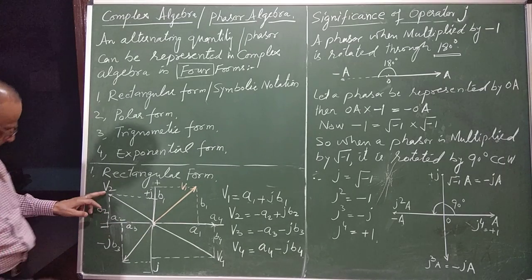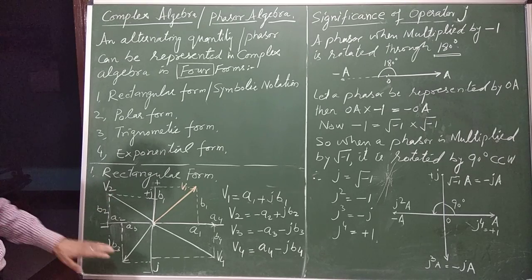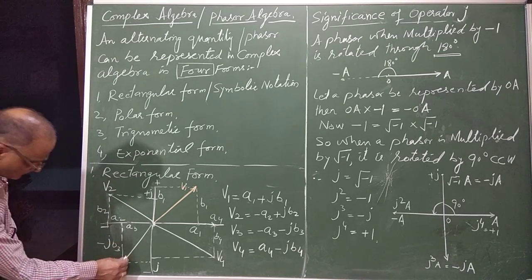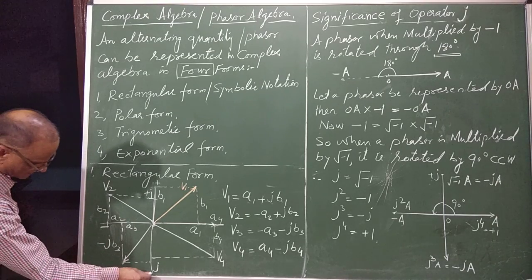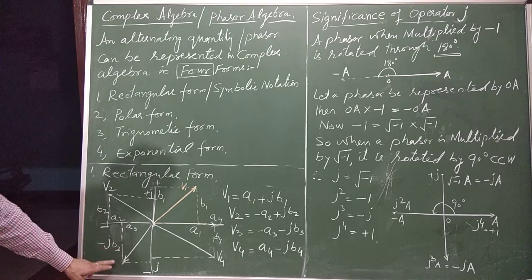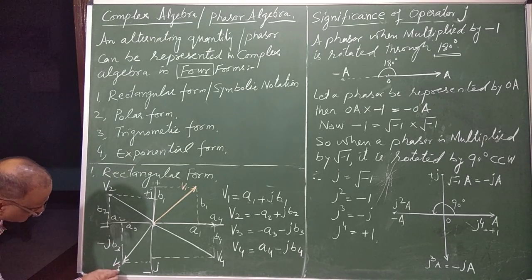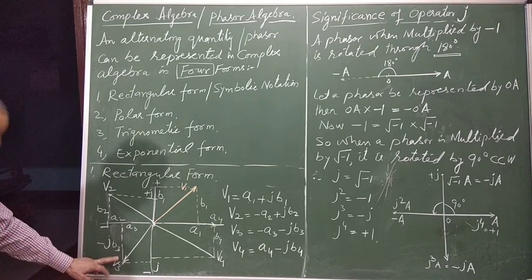Similarly, V2 is A2 plus jB2. Now V3 phasor is on this side, where A3 is negative and this is also negative. So V3 will be equal to minus A3 minus jB3.